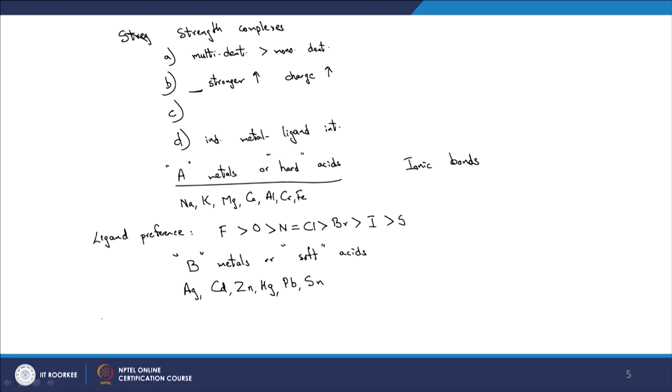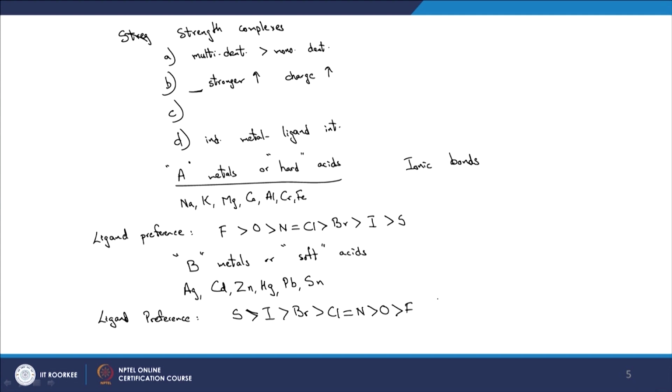And the ligand preference in this case is usually the opposite. Here they prefer to form complexes with sulfur, iodine, Br, Cl, nitrogen, oxygen, and fluorine or F minus.